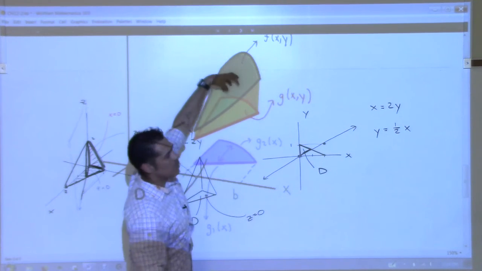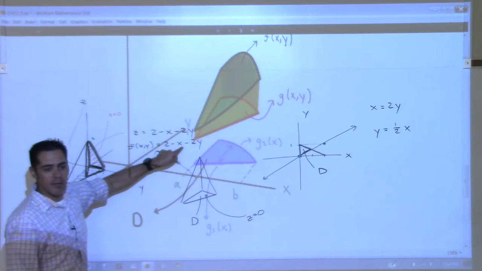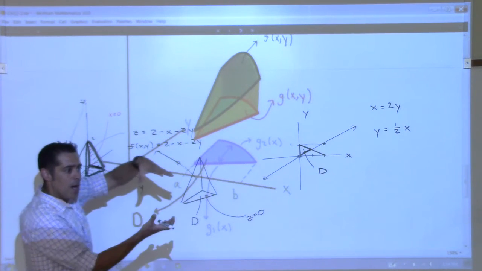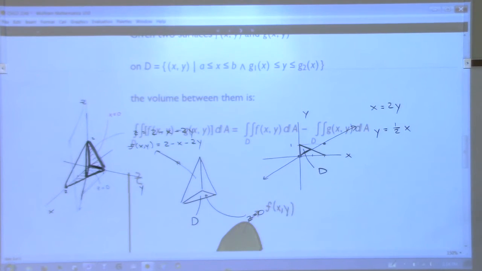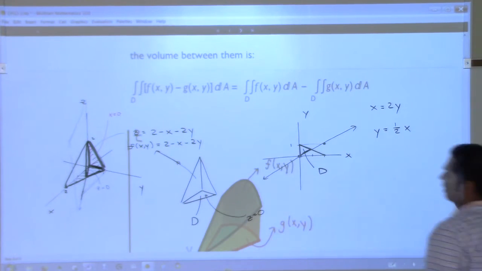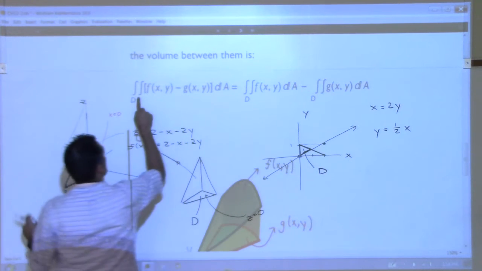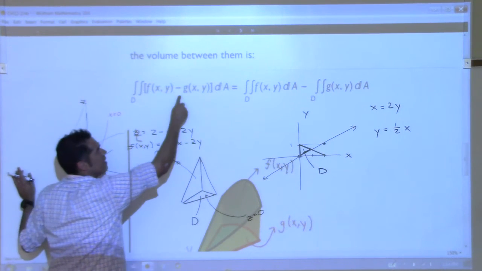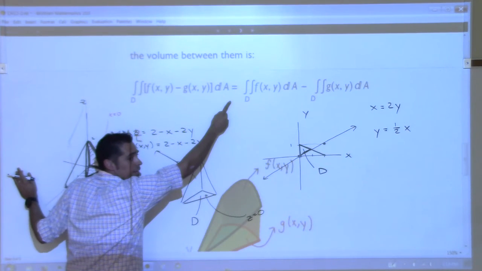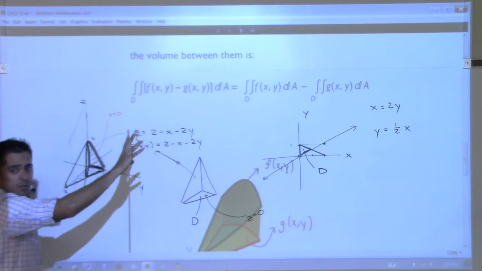And we have a top surface, which is the f of x,y here. Right? So we have a top and a bottom. The volume of this is going to be the double integral over D of the top surface minus the bottom surface with respect to area. So that's what we're going to use.